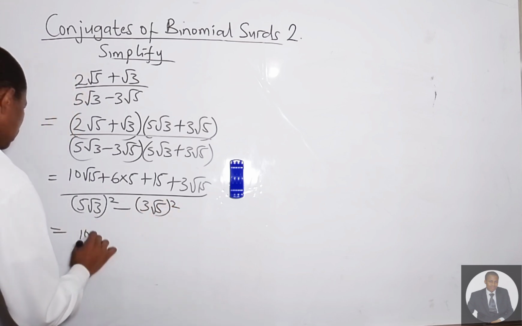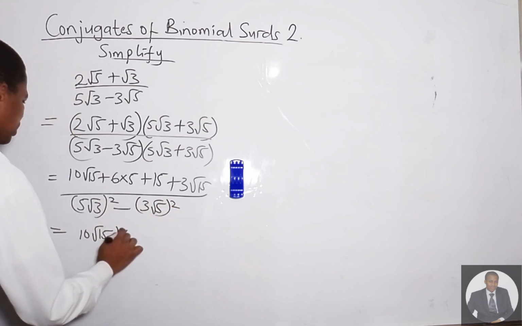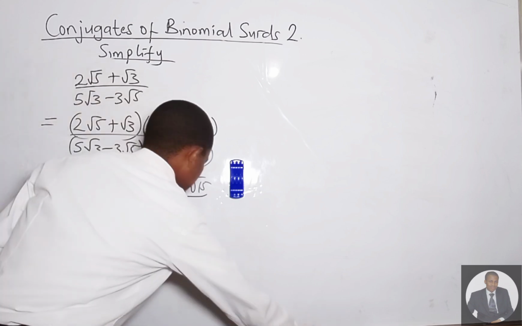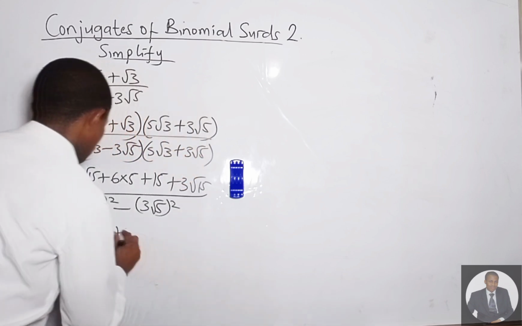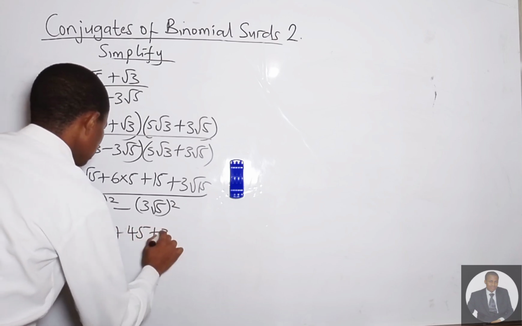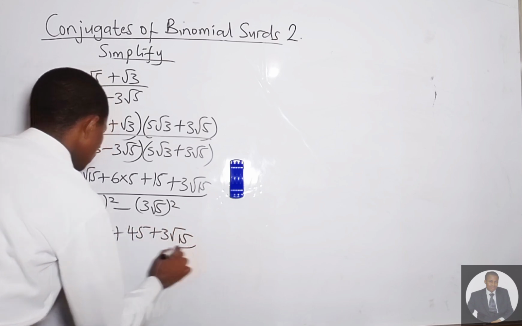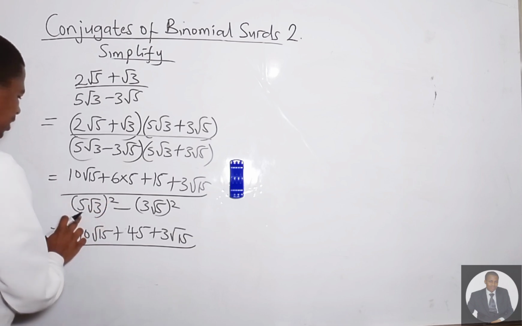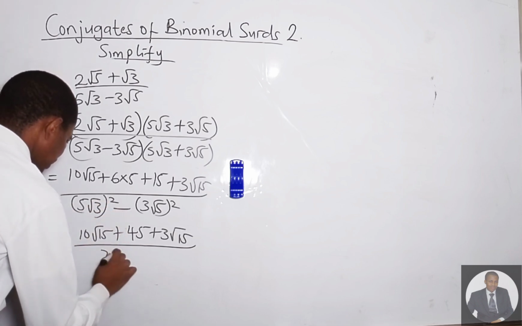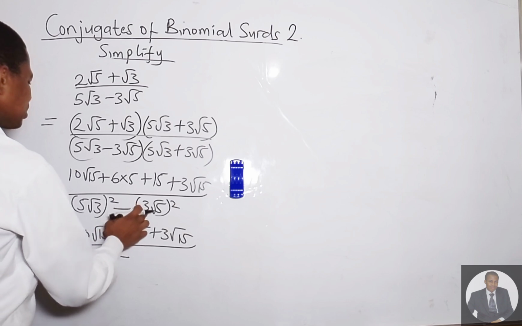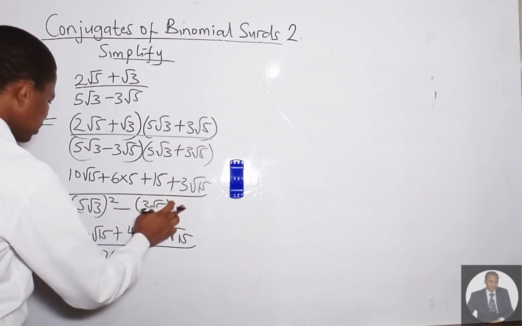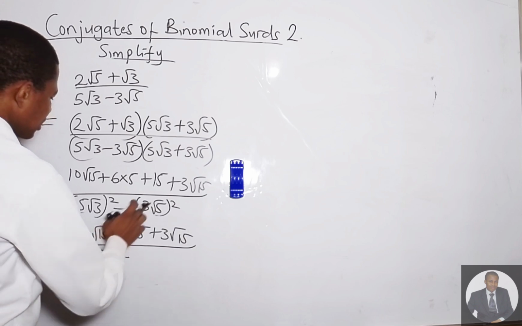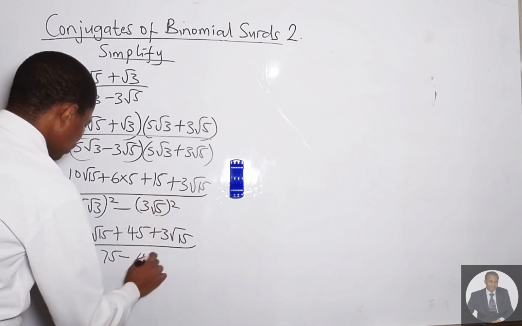So what do we have? We have 10 root 15 plus 30. 30 plus 15, that's 45, plus 3 root 15, all over (5 root 3) squared, which is 5 times 5 times 3, that's 75, minus (3 root 5) squared, that's 3 times 3 times 5, 9 times 5 is 45.